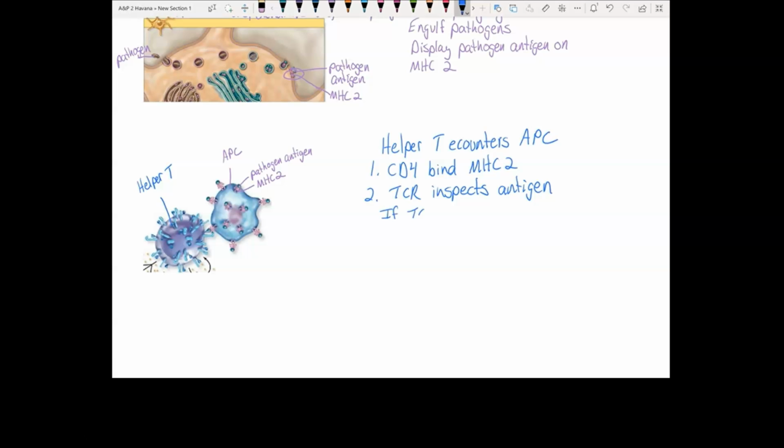So if the TCR does not match the antigen, then they just disengage and they go along.